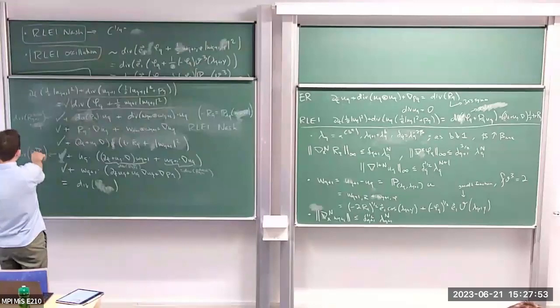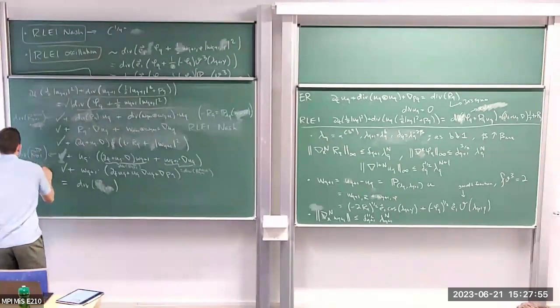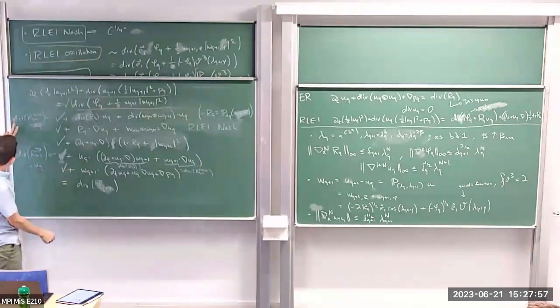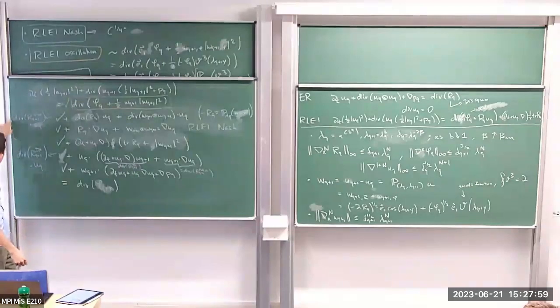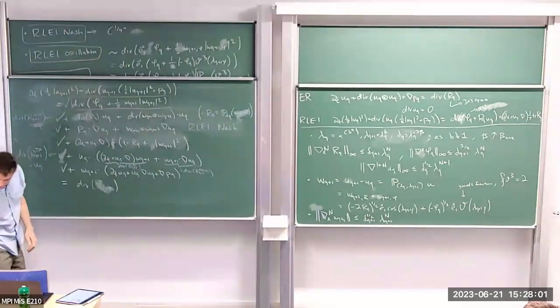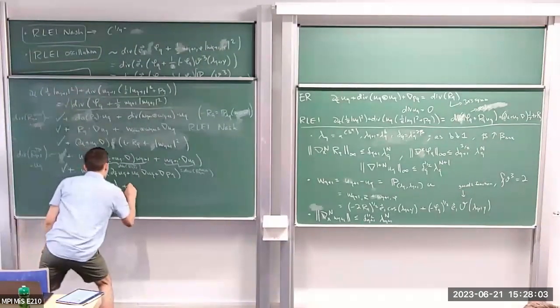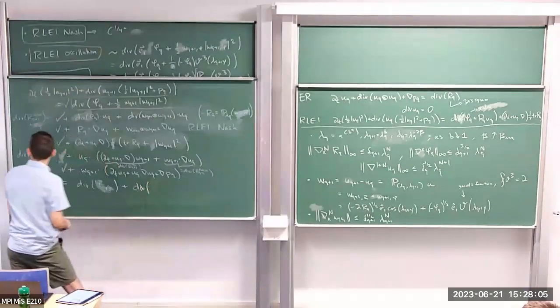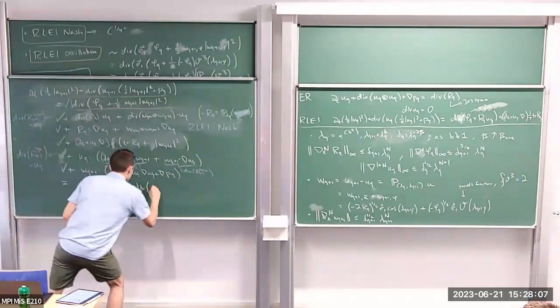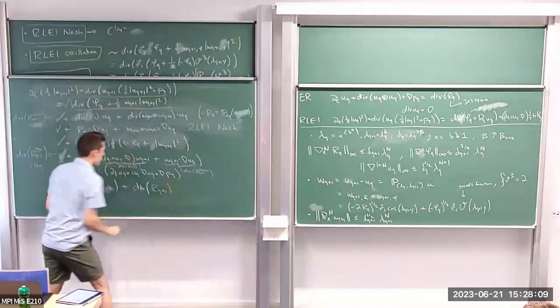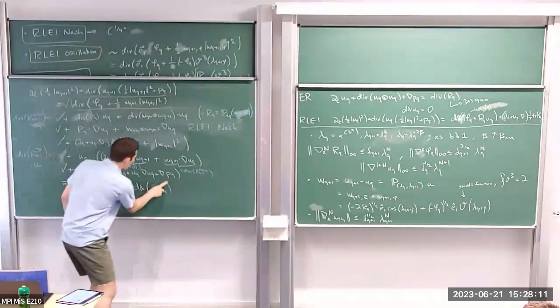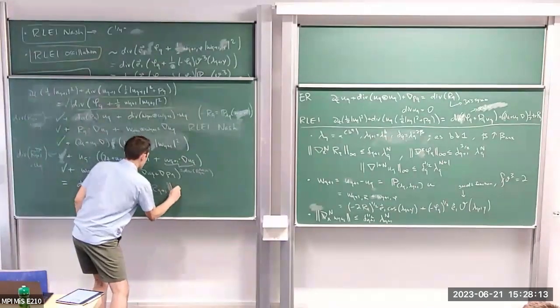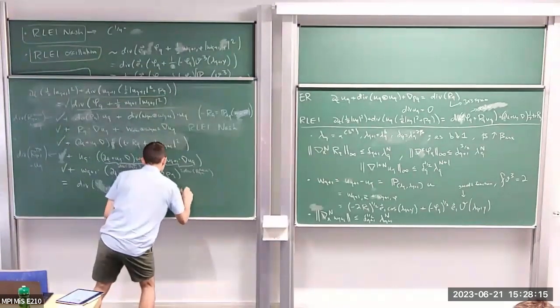All right, and this is dotted into UQ. All right, so when I collate these two things together, what do I have? I have div of RQ plus 1 dot UQ.